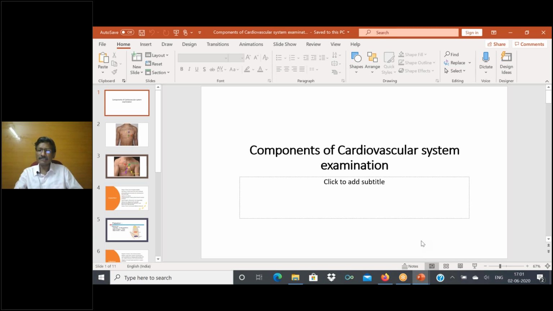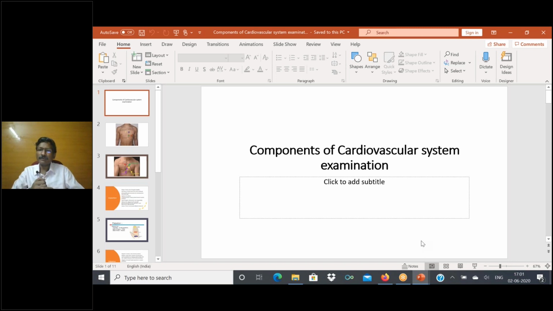Now, were you able to see the apical impulse video I gave as a resource for today's class? That apical impulse is actually in a patient with mitral regurgitation. So that's a very classical hyperdynamic apical impulse.